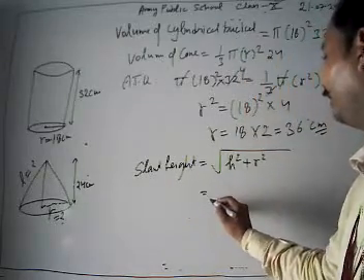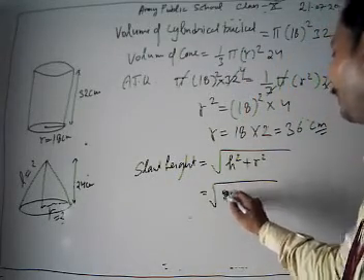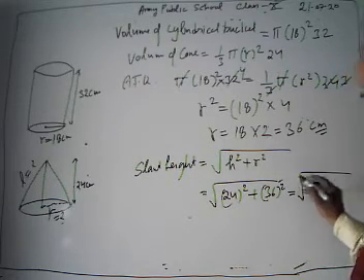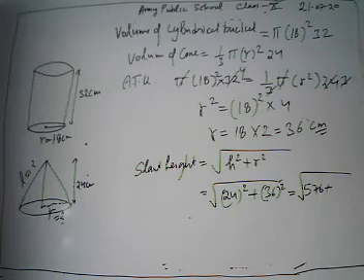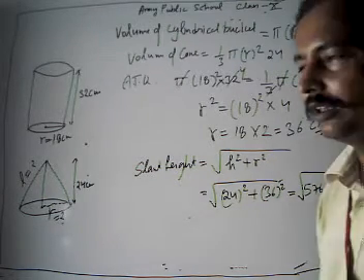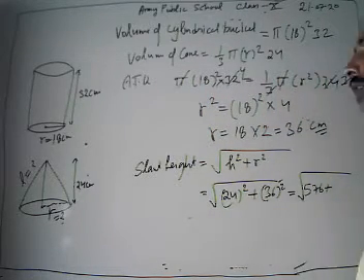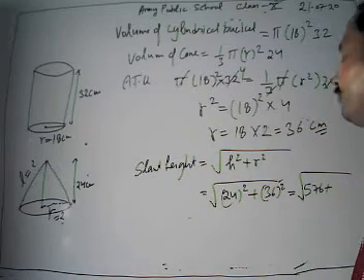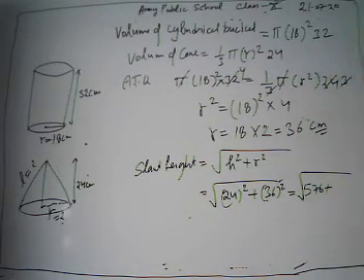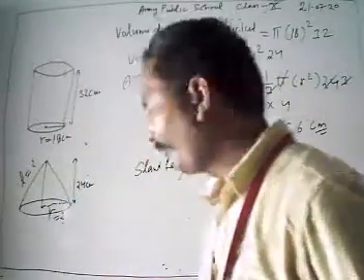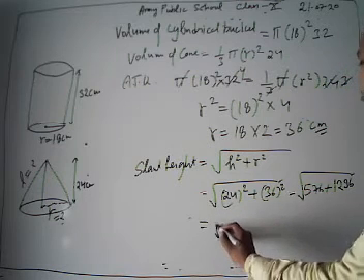Height is 24, so 24 whole square plus r is 36, whole square. 24 square is 576. What is 36 whole square? It's 1296.